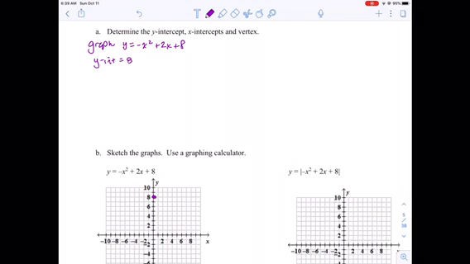And let's find our x-intercepts. If I want to find the x-intercepts, I'm going to let y equal 0. So if y is equal to 0, we've got our negative x squared plus 2x plus 8. We need to factor that one. And the first thing I want to do is get rid of this negative.